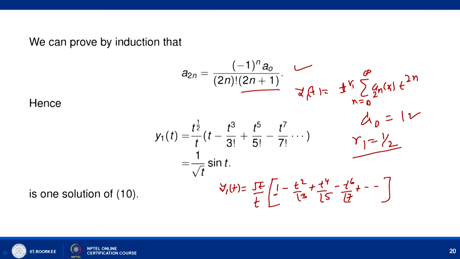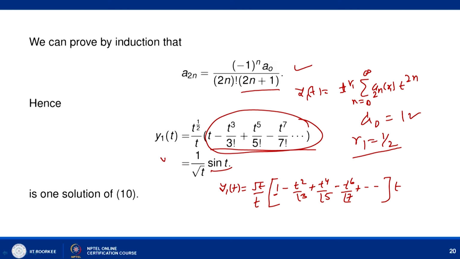So, we can write this as t to power half divided by t, and in the bracket it is t minus t cube upon factorial 3 plus t^5 upon factorial 5, and so on. And we already know that this is the expansion of the sine series, and t to power half divided by t is 1 by root t, and this is sine t. So, y_1(t) is given as 1 upon root t sine t.